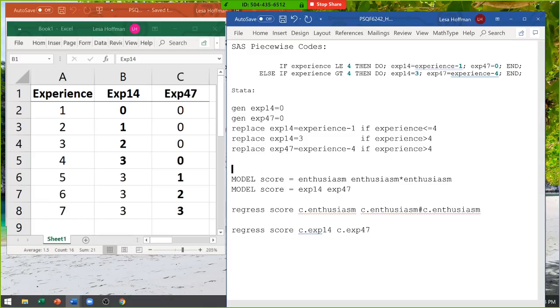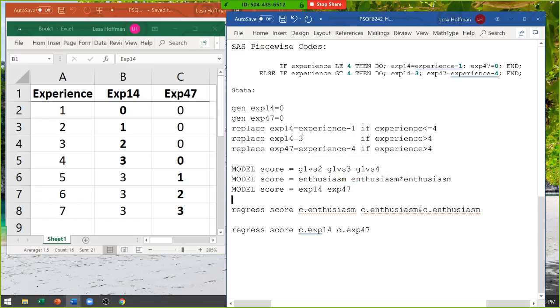In SAS, section 1 would be the contrasts that you made, 1 versus 3, 1 versus 4. Part 2 would be just enthusiasm, and then part 3 would be the new piecewise slopes that you made.